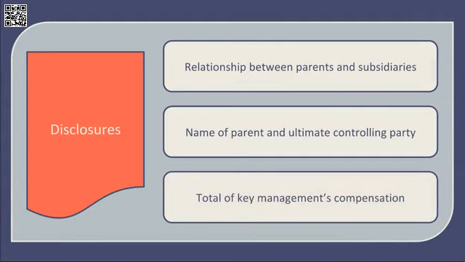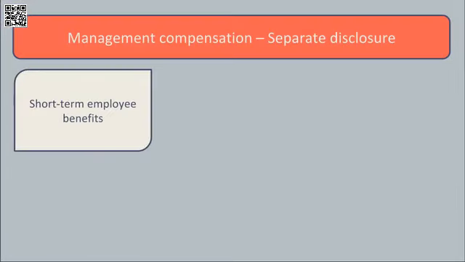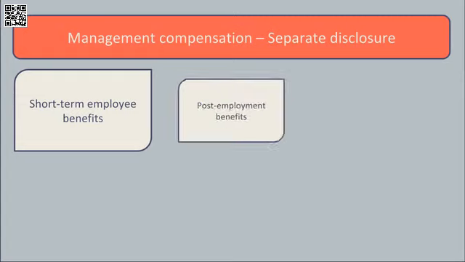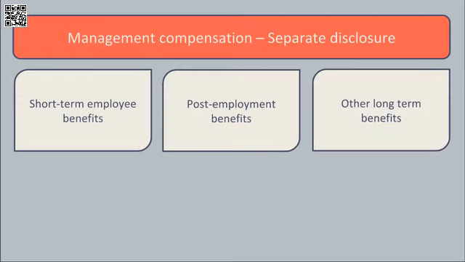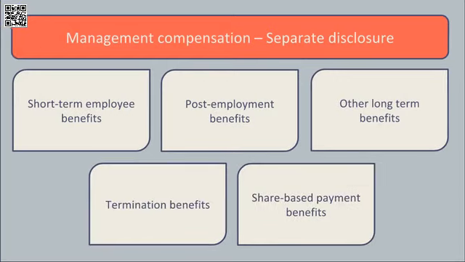The total of key management's compensation must be disclosed, and it must be separated out under the following categories: short-term employee benefits, post-employment benefits and other long-term benefits, termination benefits, share-based payment benefits.